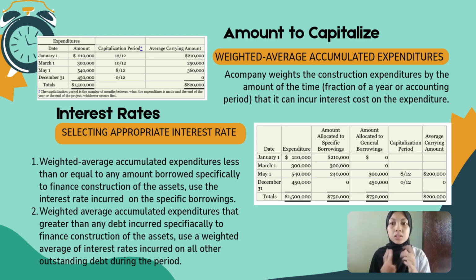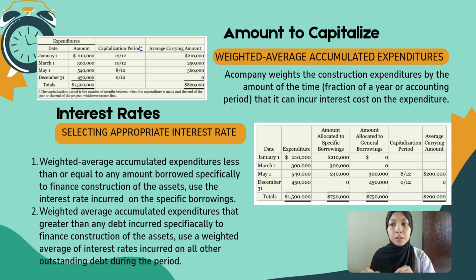So from March to December, there are 10 months, and then we need to calculate the capitalization period, which is 10 divided by 12, or 10 per 12. And then we need to multiply it with the amount.